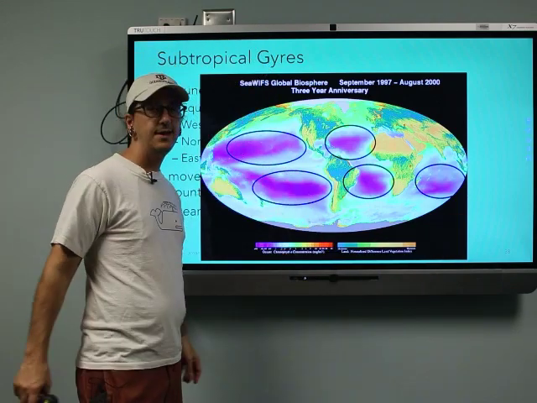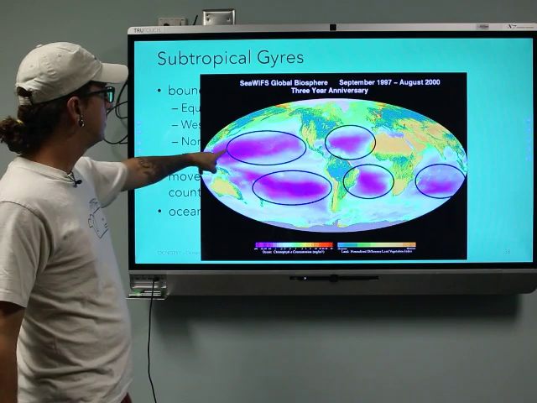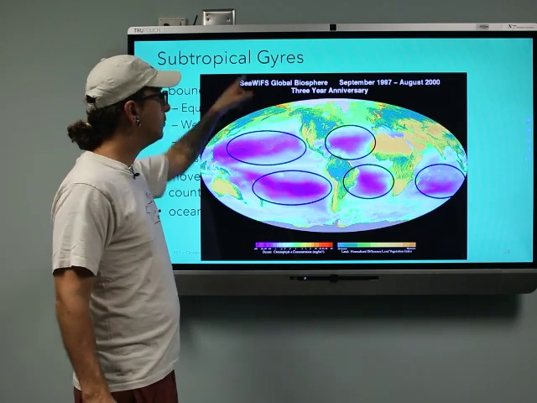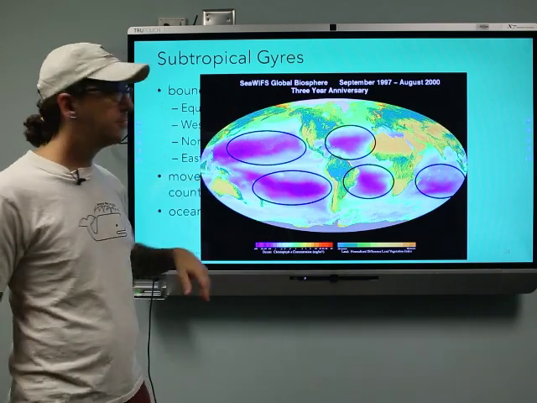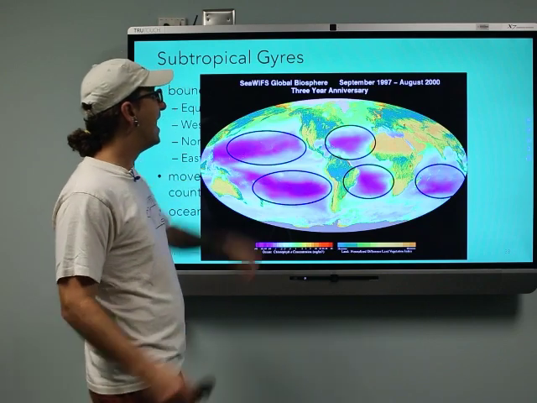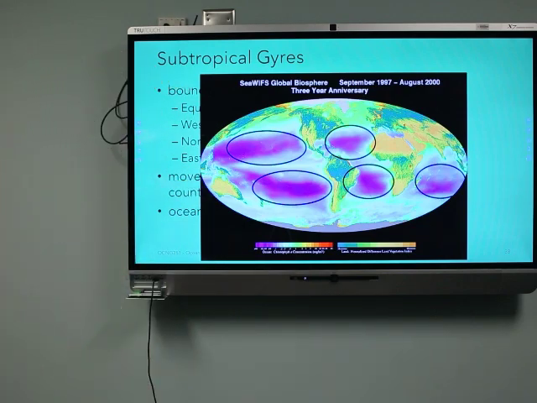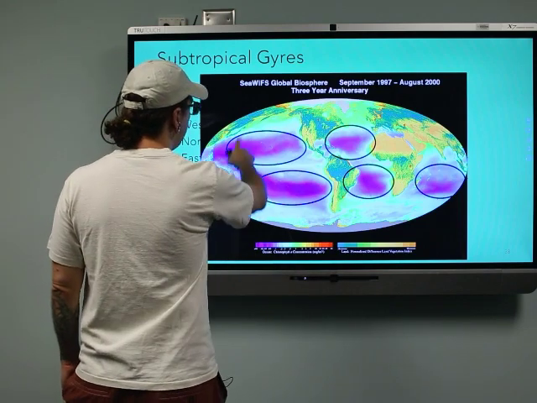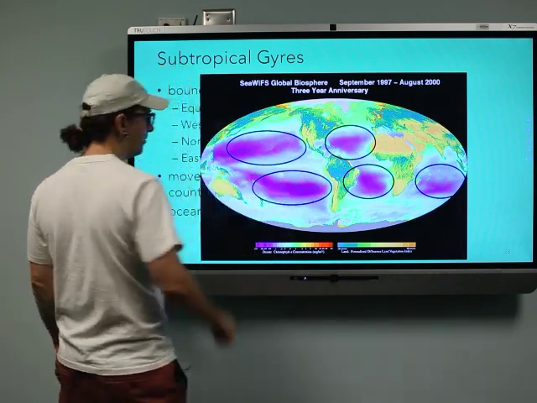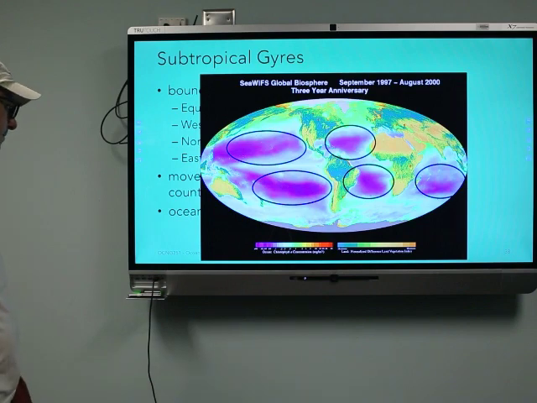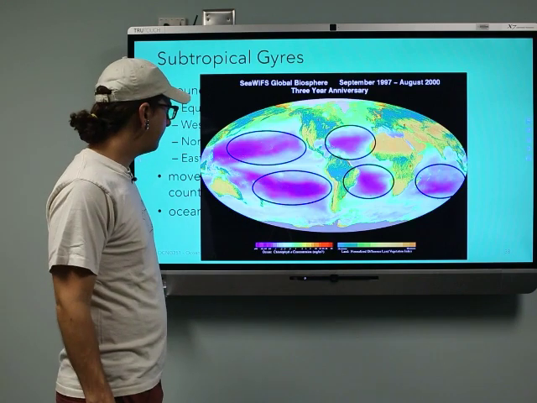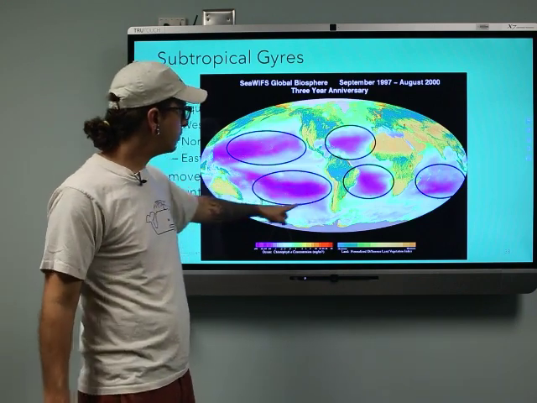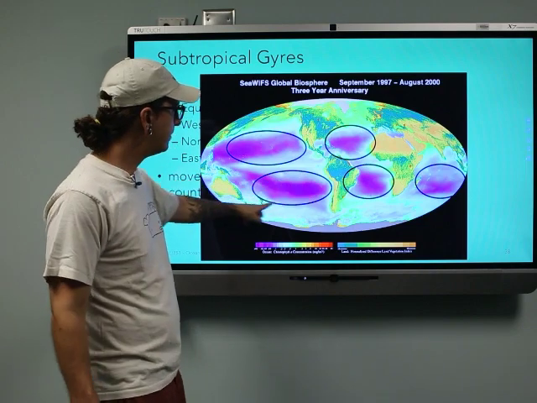No way we could do that with hand samples globally. And so SeaWiFS was a satellite that went up to measure chlorophyll, so it tells us basically how much plant biomass there is in the world. And these blue colors, the more blue it is, down to purple, the less chlorophyll there is. And you can see the place in the world where there is the least amount of surface chlorophyll.